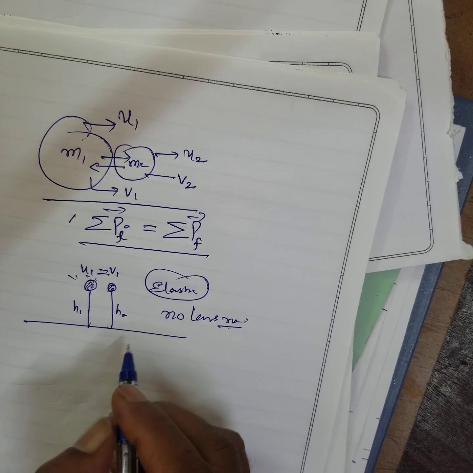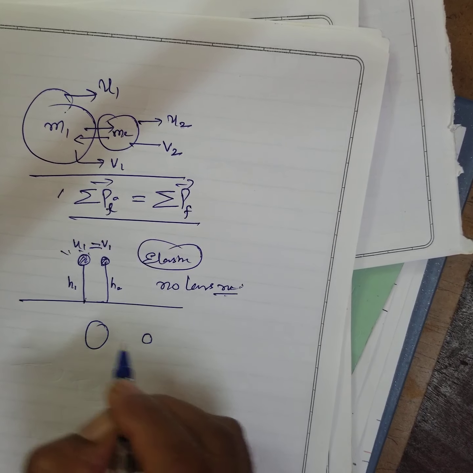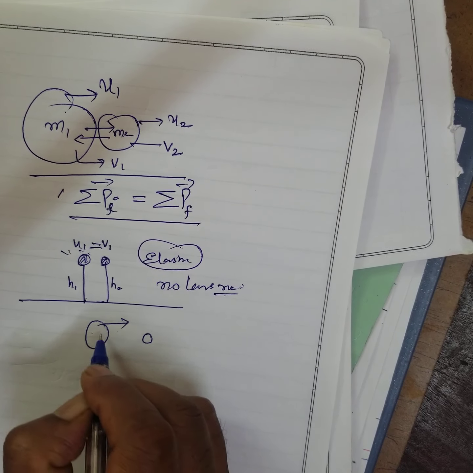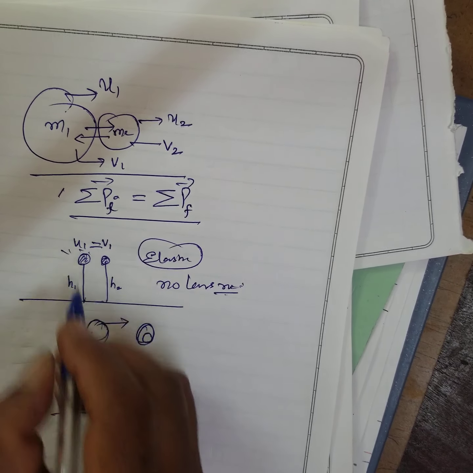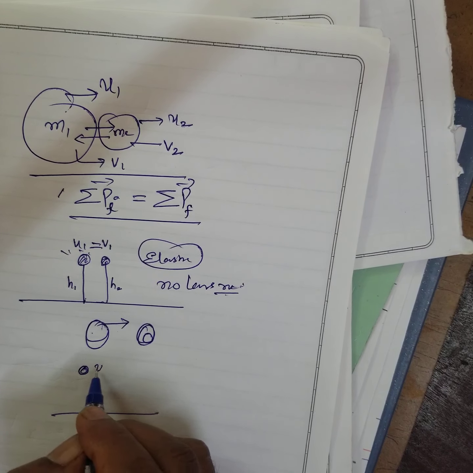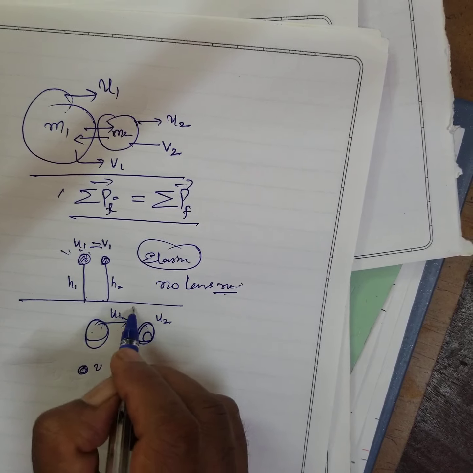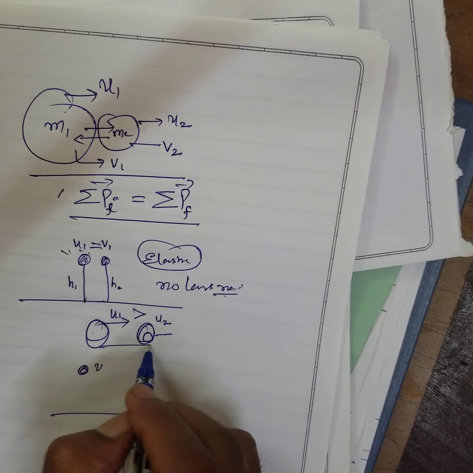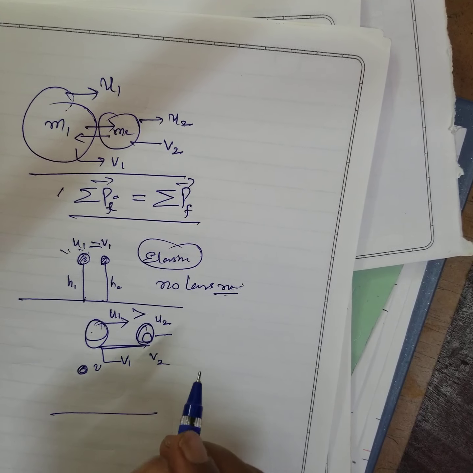That means there is something called the coefficient of restitution. Suppose two bodies are colliding, with velocities u1 and u2, u1 greater than u2. If they collide, then the velocities change to v1 and v2.